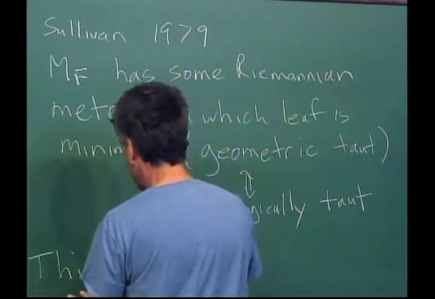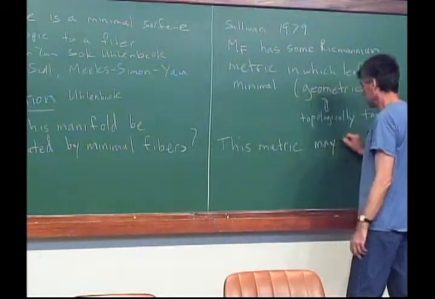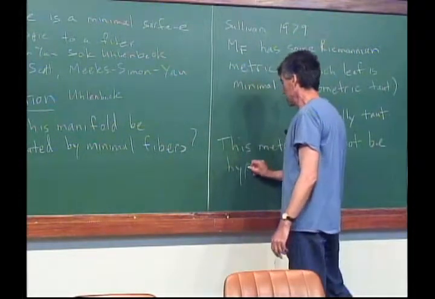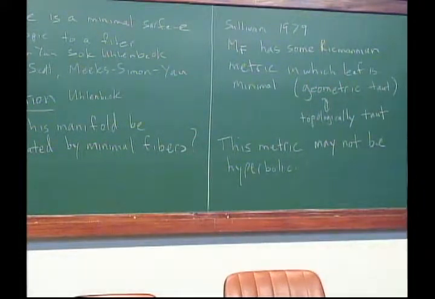But the metric given by Sullivan's theorem may not be hyperbolic. So the question is, can this metric be chosen so that it is hyperbolic?